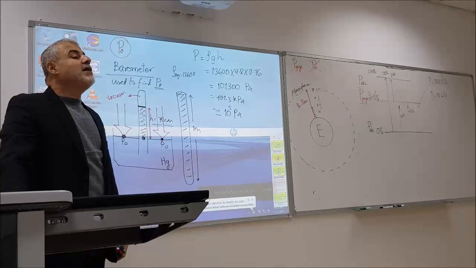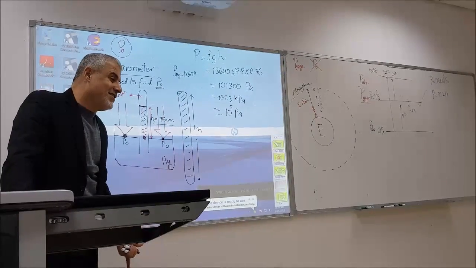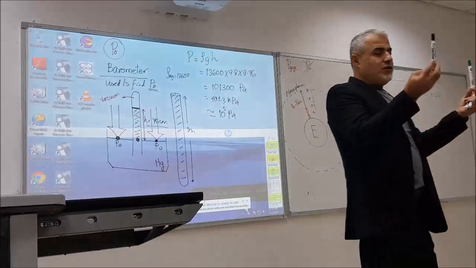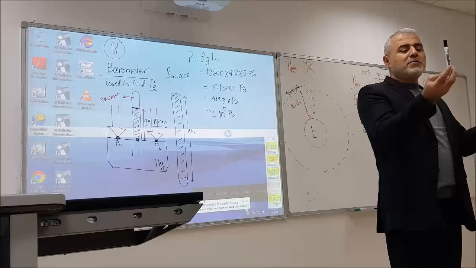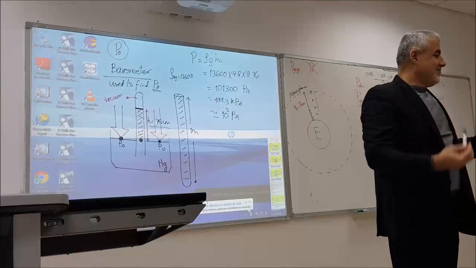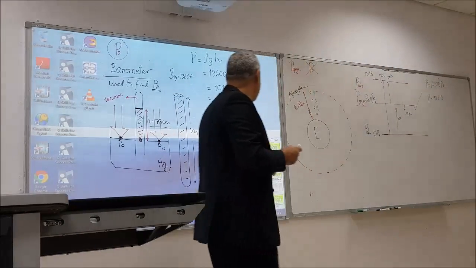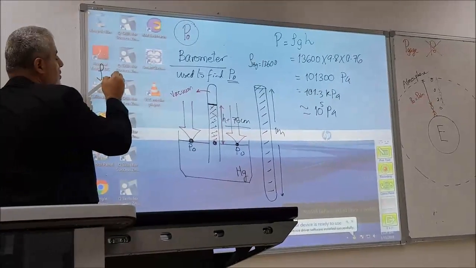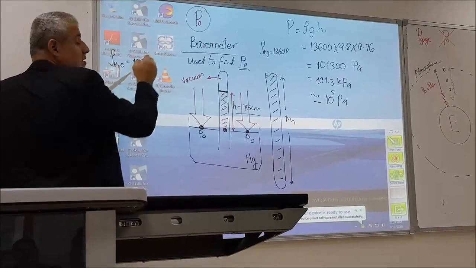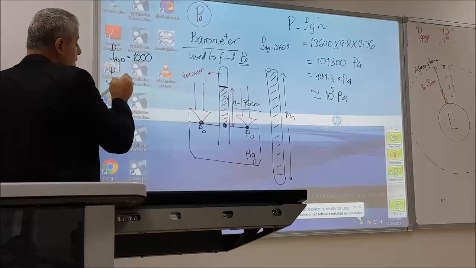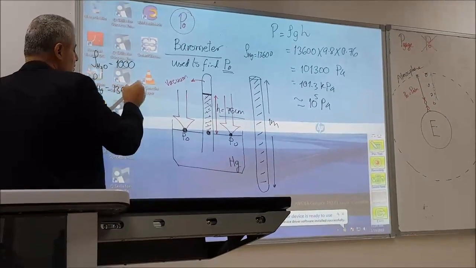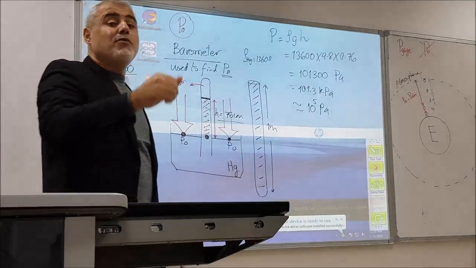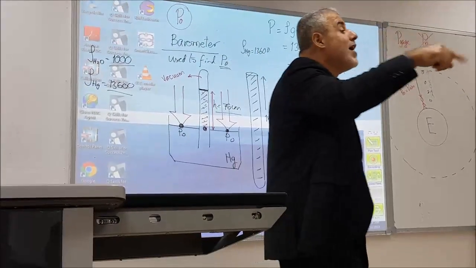For water, rho is how much? 1,000. Yes. For mercury, it's 13,600. These numbers mean mercury is about 13.6 times heavier than water.